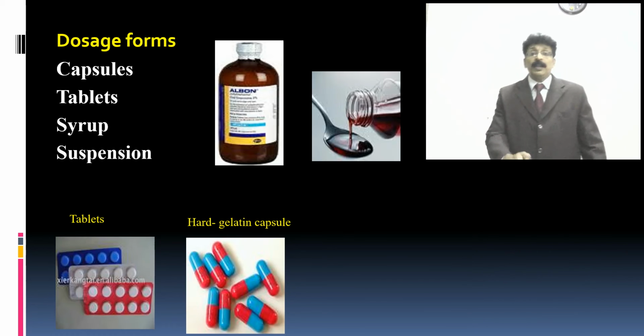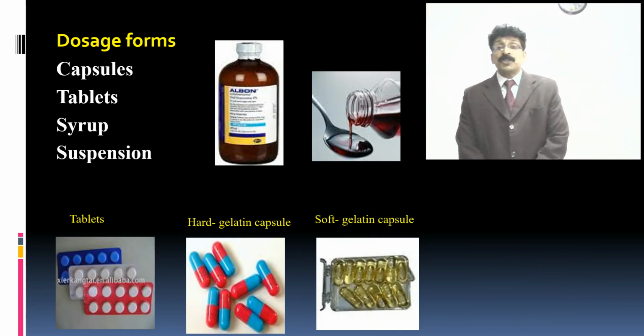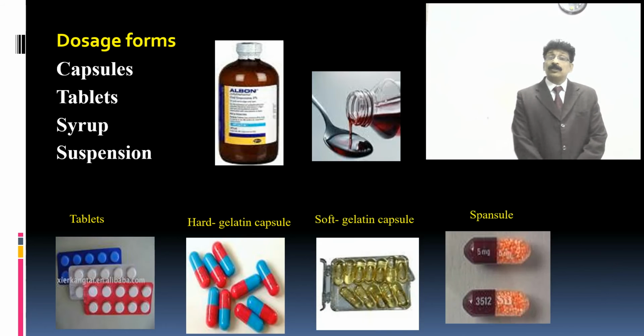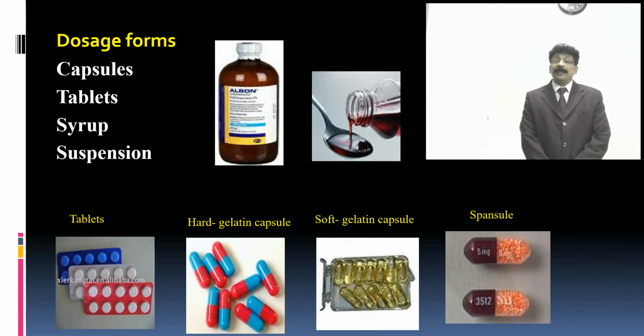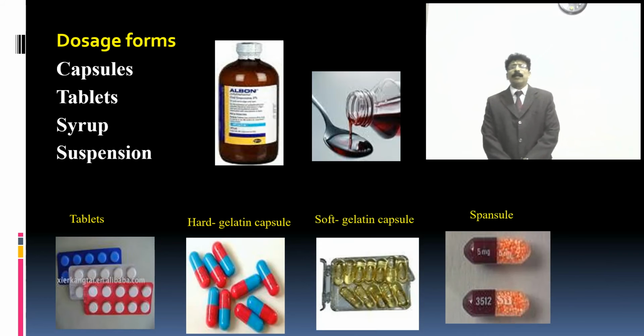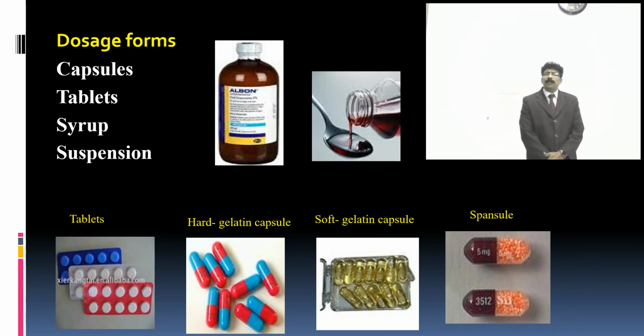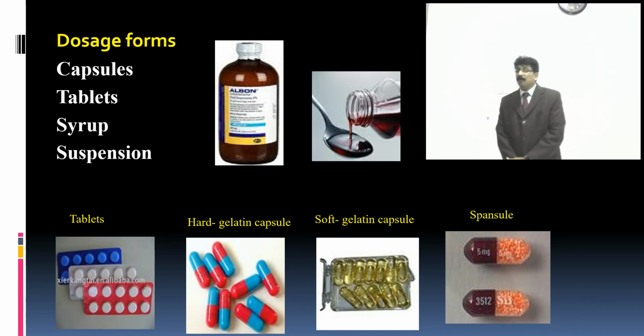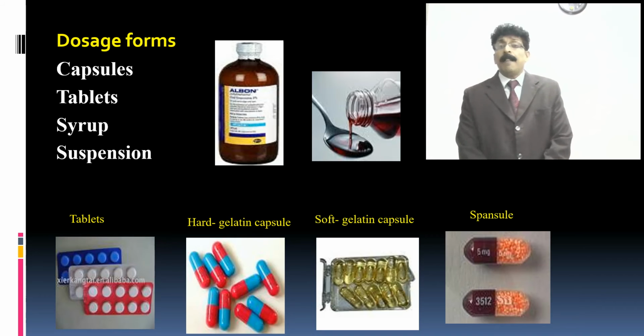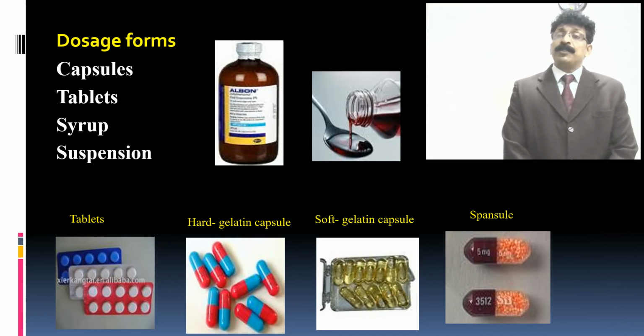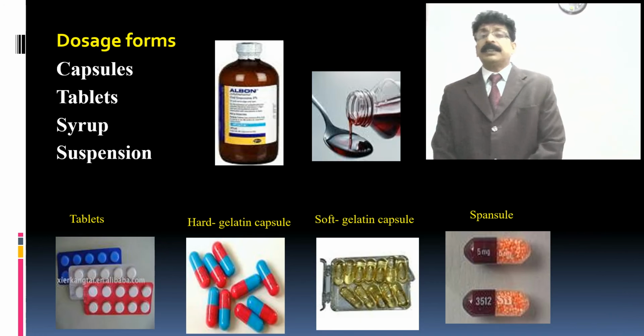Hard gelatin capsules, soft gelatin capsules, and also you can see spansules. That means we can see granules, coated and filled in hard gelatin capsules, like ferrous sulfate capsules and omeprazole capsules. If you want to see, you can observe what is available in your home itself.